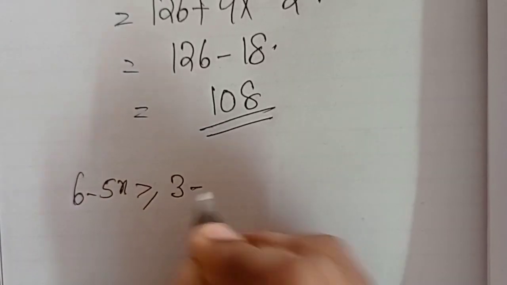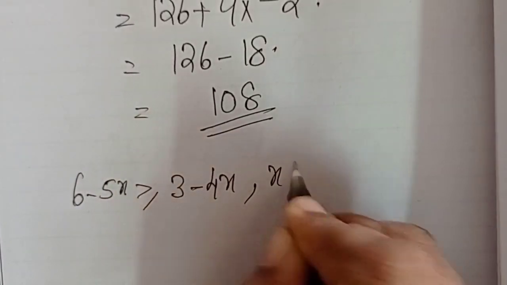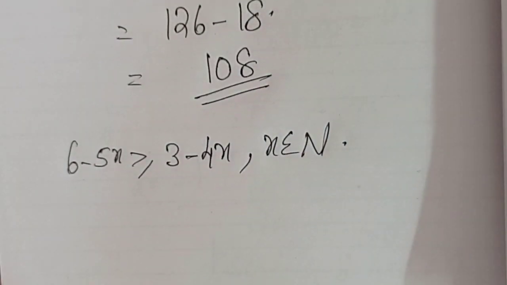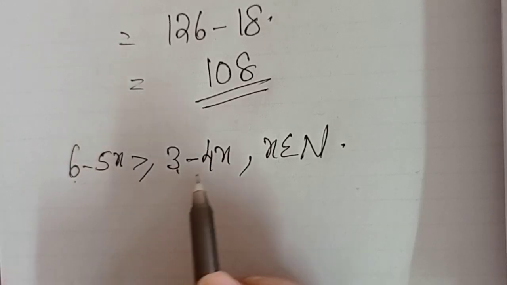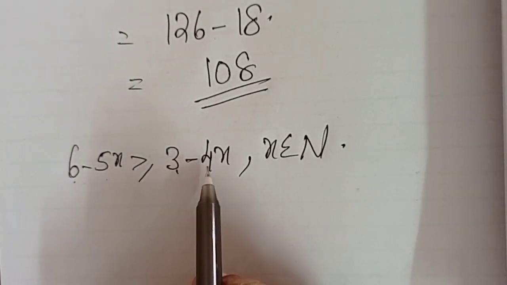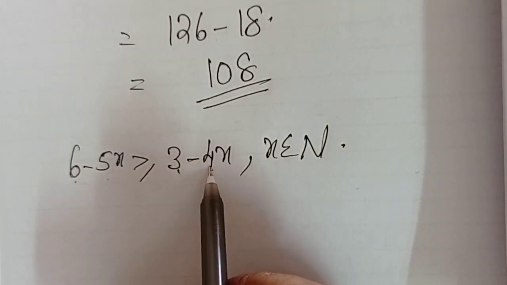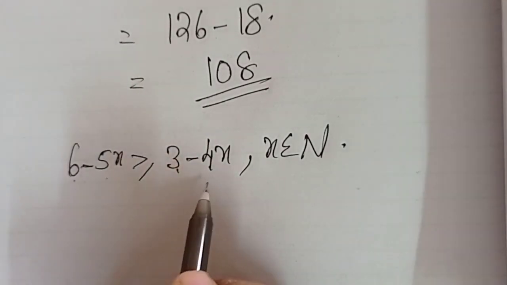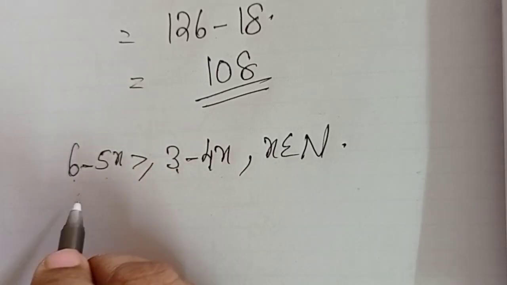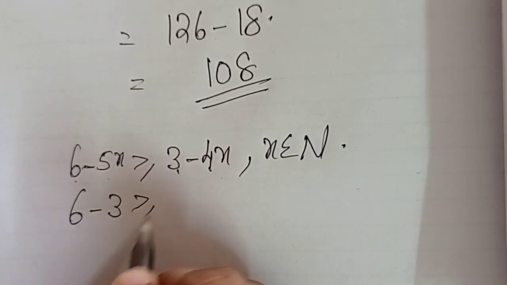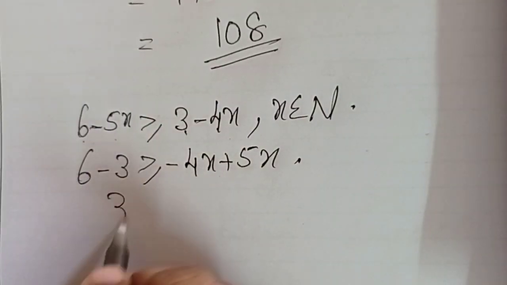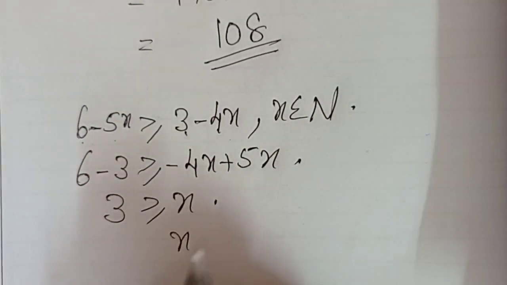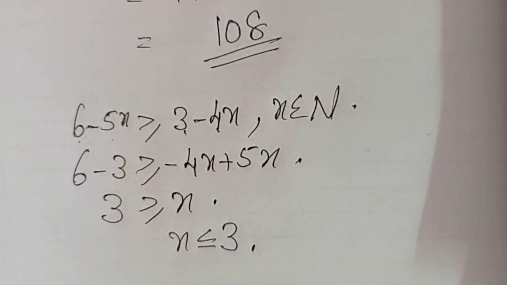Now listen, 6 and 3 are the constants, minus 5x and minus 4x are the variable containing terms. Here minus 5x, when you convert to the other side, changes to plus. Therefore 6 minus 3 greater than or equal to minus 4x plus 5x. 3 greater than or equal to x, or x less than or equal to 3.